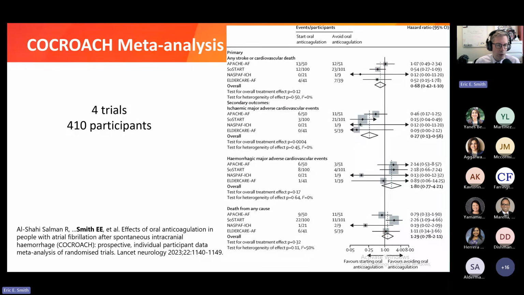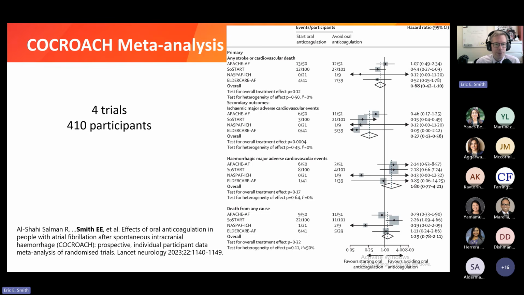Anticoagulation may be another story. So we had previous data, summarized in the Cochrane meta-analysis from a group of small studies, suggesting that if you resume anticoagulation after an intracerebral hemorrhage, you reduce the risk of ischemic events, but you probably raise the risk of hemorrhagic events.